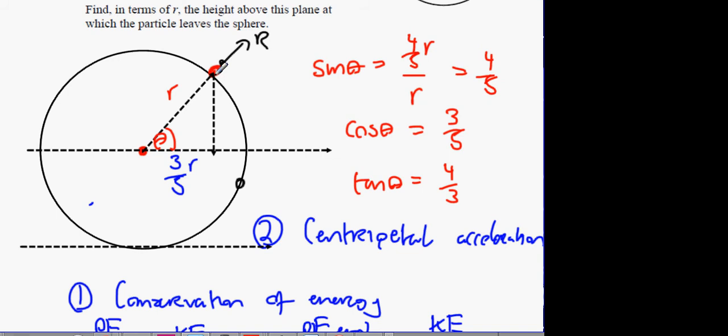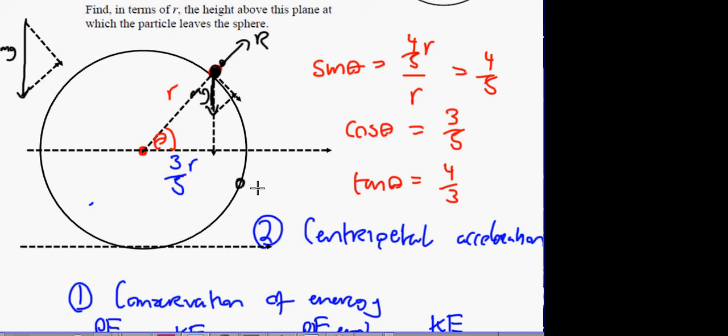See the mg? Now, this mg, I'm going to draw it in the corner, is acting directly down. I need to resolve it into two components. I want to resolve it as a tangent to the circle and parallel to the radius. So I need to resolve it like this. Now, because I'm resolving it like that, follow your theta.